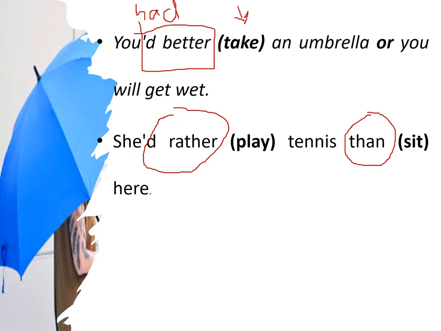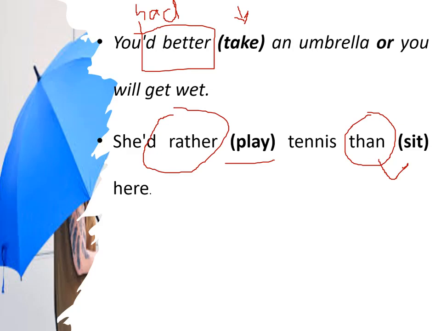After these two words, you have to use the base form of the principal verb. Look at this, would rather. After that we get play, and in that situation the correct form also will be play, I mean base form, and then after than the sit will remain sit as it is. I mean we have to write the base form, and the base form of sit is sit. So here she would rather play tennis than sit here.